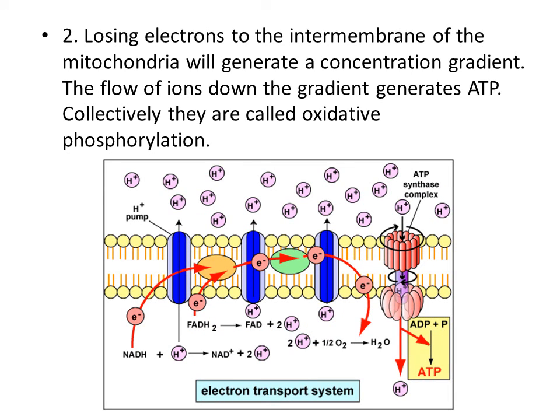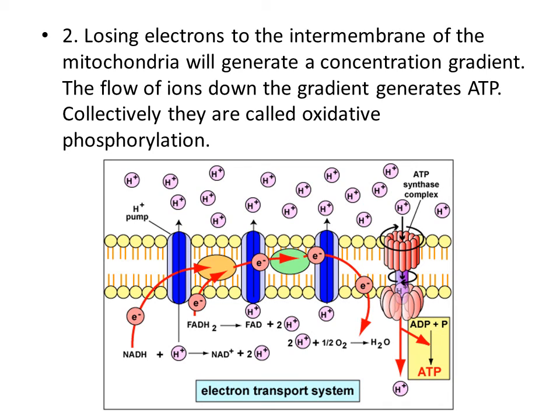The second way we can make energy is by losing electrons to the intermembrane space. When these coenzymes, NAD and FAD, receive their hydrogen, they're going to take their hydrogen or electrons to the mitochondria. They will donate the electrons to the intermembrane of the mitochondria.